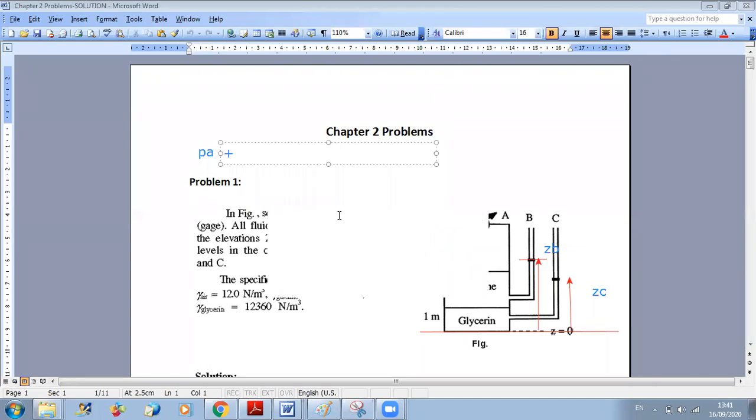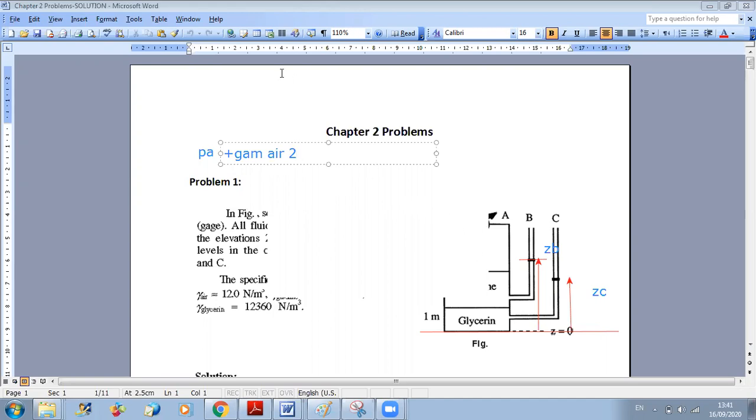So you can replace it because we will work in SI units. So it's 1,500 pascal, okay? Plus gamma of air times 2, because we are going 2 meters down in air, okay?